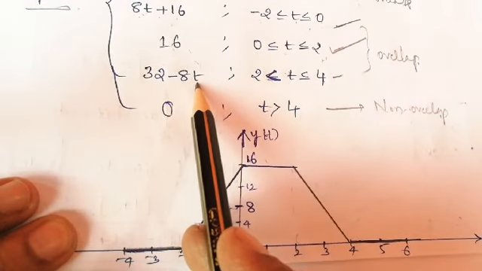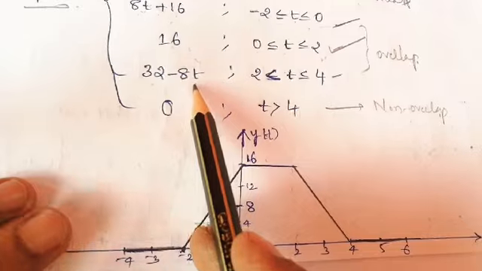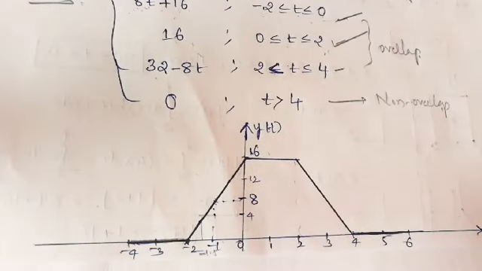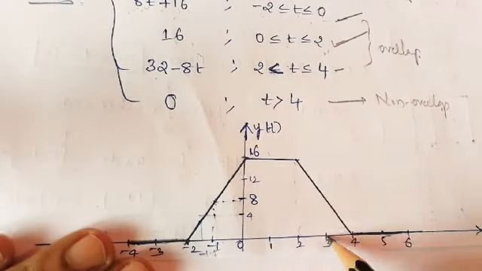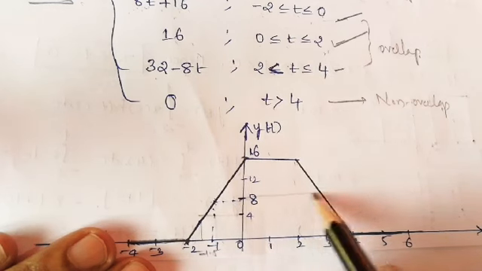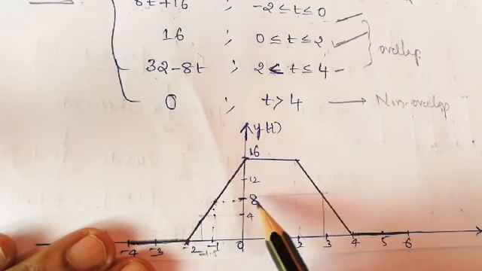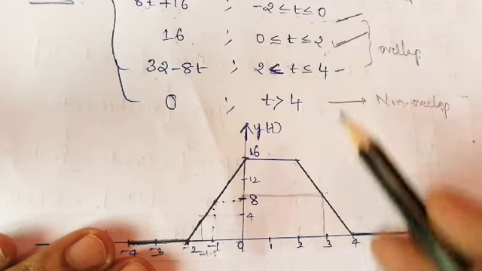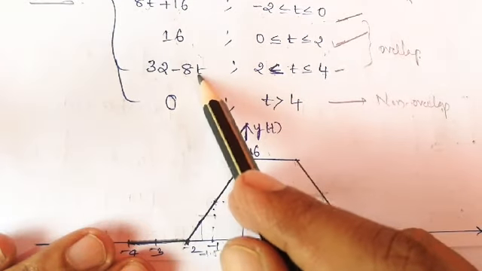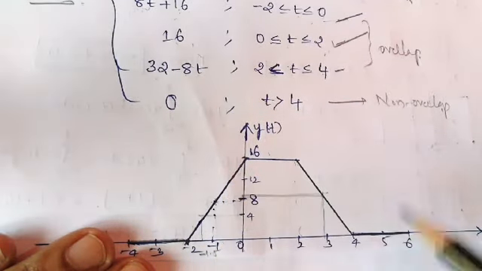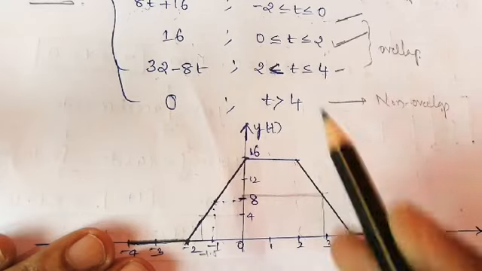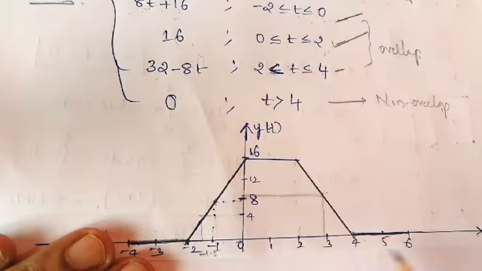Substitute 8 into 3, 24. 32 minus 24 is 8. So for 3 we are getting 8. Next t equals 4: 8 into 4 is 32, 32 minus 32 is 0. Next, greater than 4, the amplitude is 0.